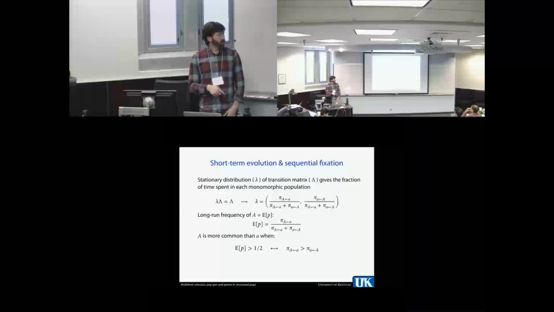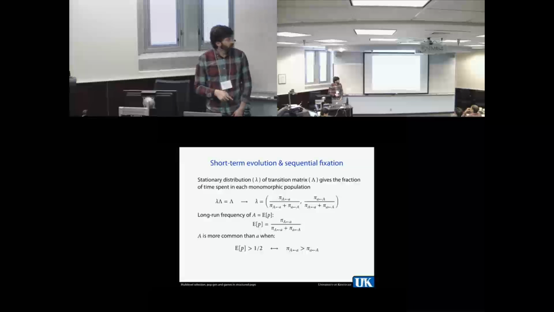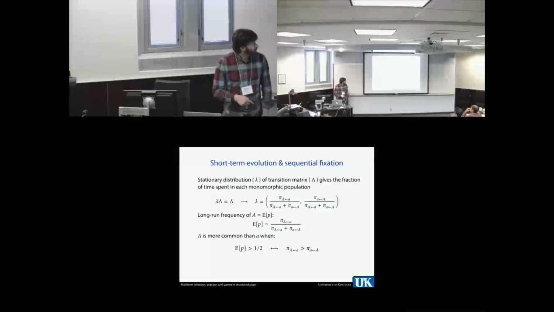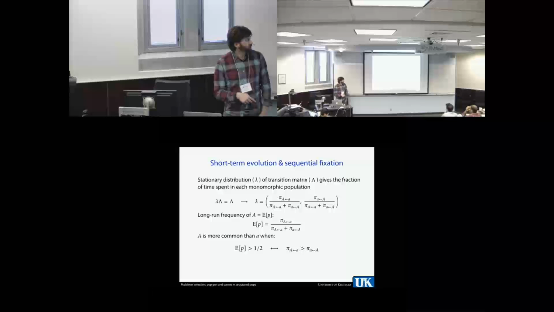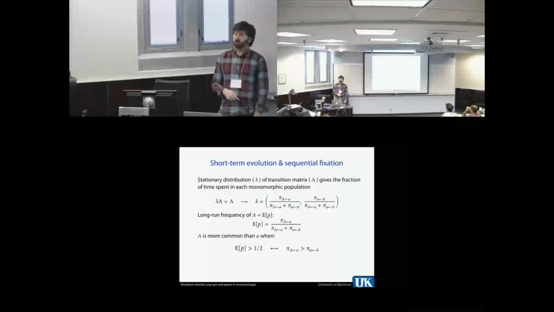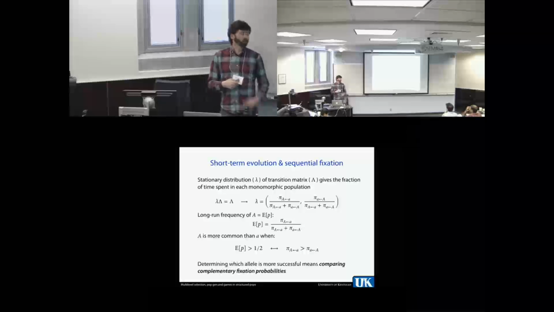And all that means is that the fixation probability of big A invading and going to fixation, starting from a population of little a, has to be greater than when little a invades and takes over the population. So really, determining which one is going to be more successful means calculating these two fixation probabilities.